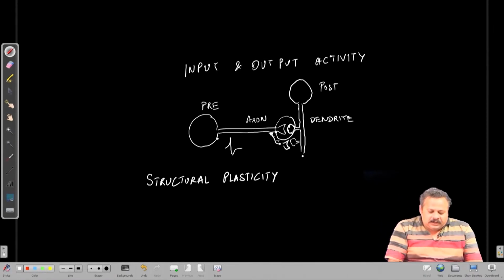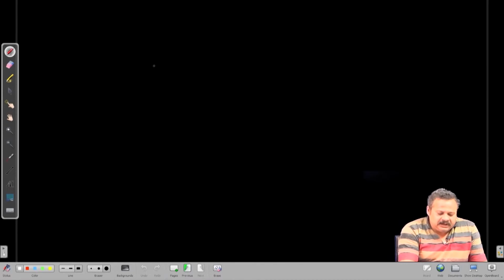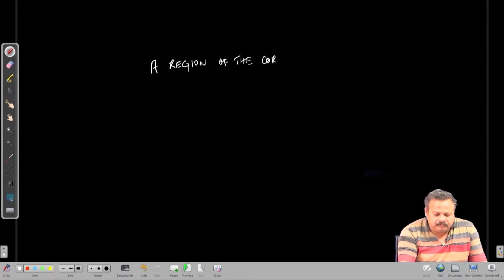Some of the examples of this kind of structural plasticity that have been studied is, for example, when a region of the cortex is devoid of any inputs.